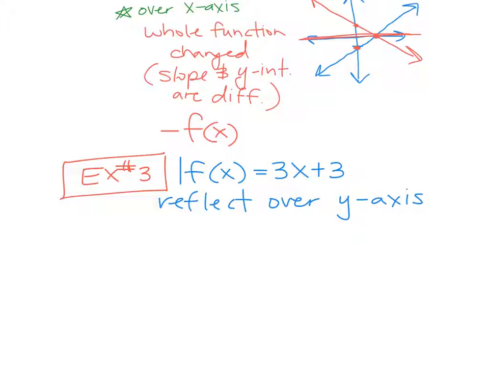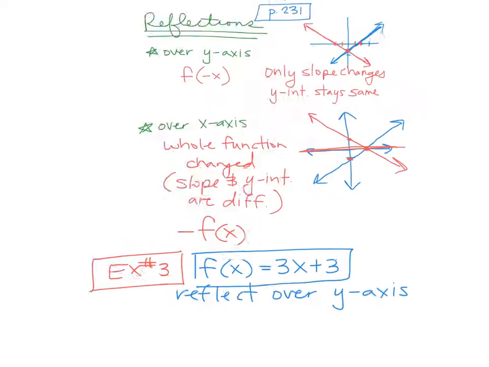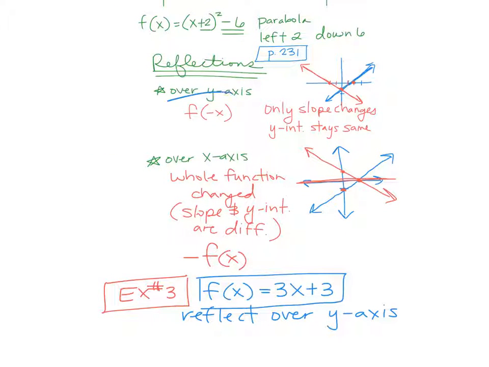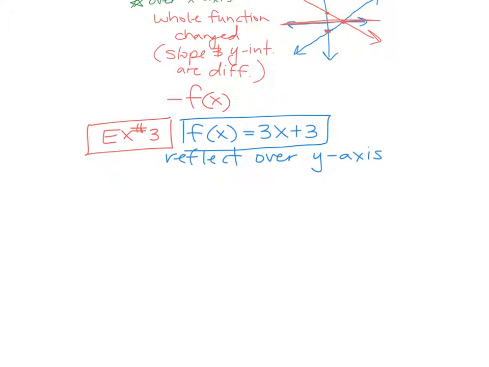If I'm taking this function and reflecting it over the y-axis, look back at what we said: over the y-axis, you negate your x. You make your x the opposite of what it was. What that means is when I'm looking at this function, I just need to change the sign of my slope.